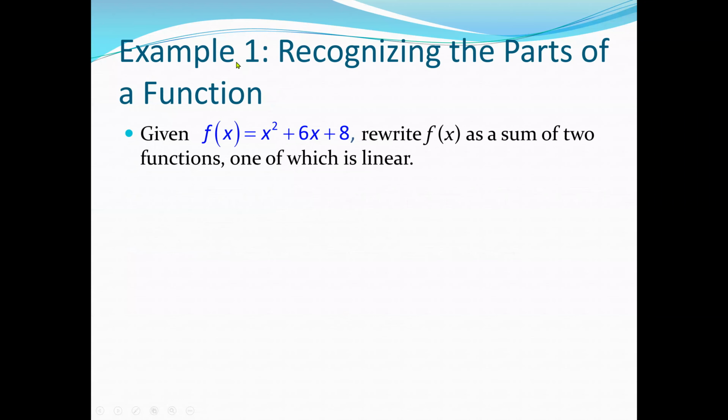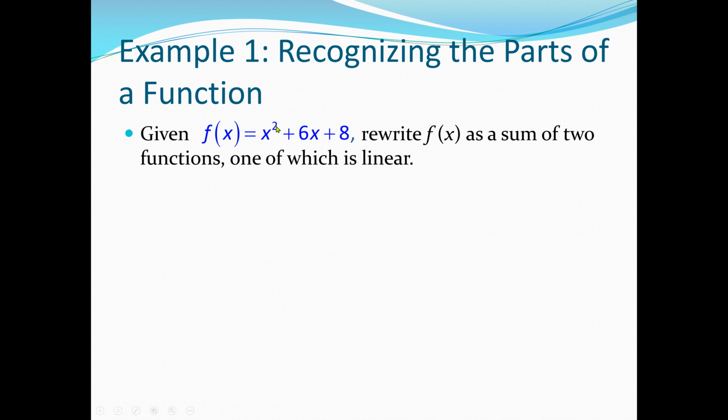So first, we start with example 1, recognizing the parts of a function. Given a function f at x equal to x squared plus 6x plus 8, we are going to rewrite f at x as a sum of two functions, one of which is linear. So here we can have two functions.